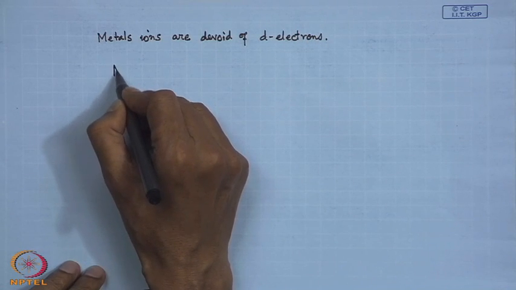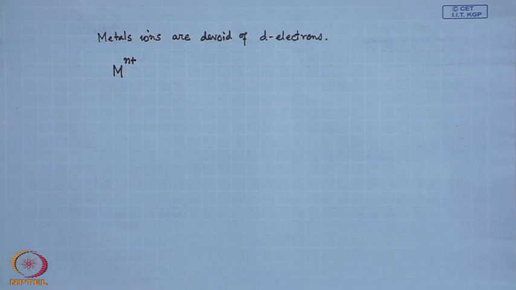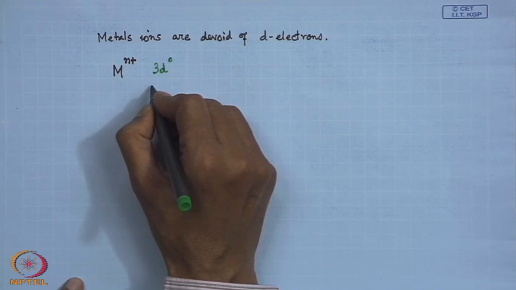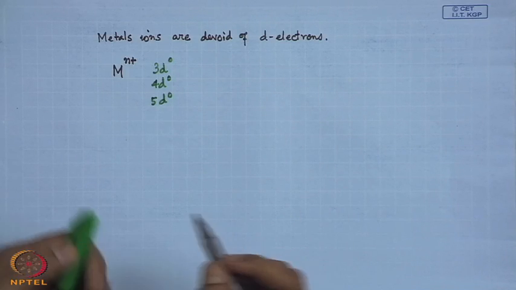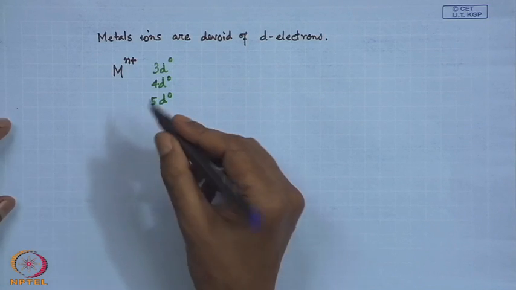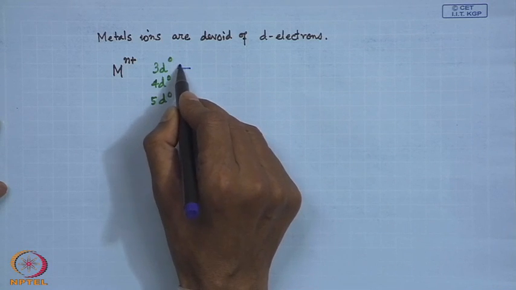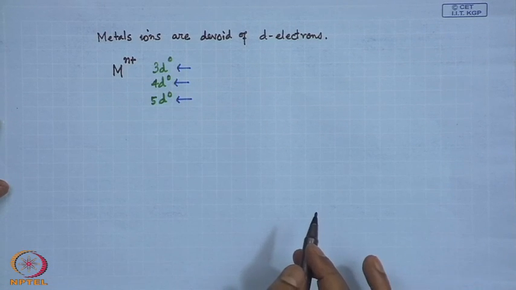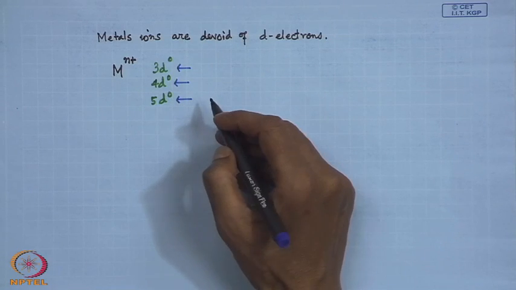This metal ion is in N plus oxidation state, and if this is a system which is 3d0 or 4d0 or 5d0, in the corresponding oxidation state of +6 or +7 like that of chromium and manganese, it can very easily accept the corresponding charge density. So, when it is accepting the charge density, we get a transition from the ligand.